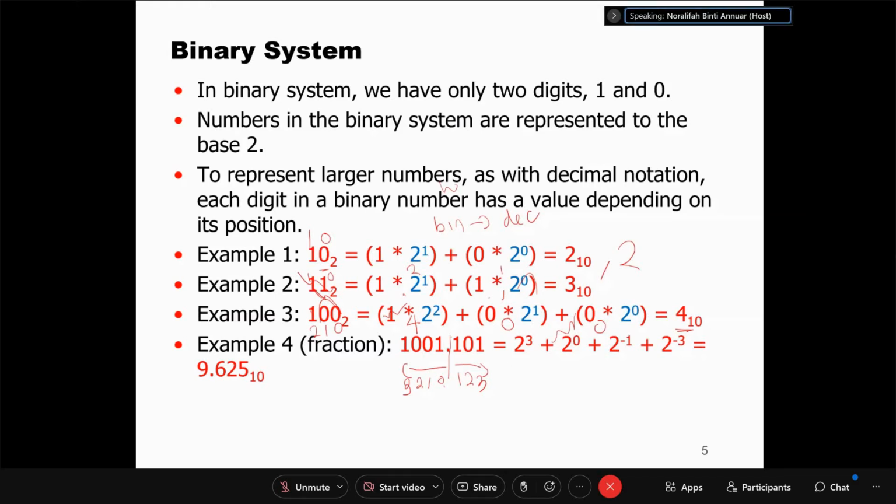Anything that multiplied by 1 will get the number itself. So 2 to the power of 3 is the position 3. Per kali ni berapa entah 9 kan. 9 tambah 0. Then you boleh tak guna calculator, kira sendiri boleh guys. 1 bahagi 2, 1 tambah 1 bahagi 2, 3. That's how you calculate. Boleh? Boleh guys?